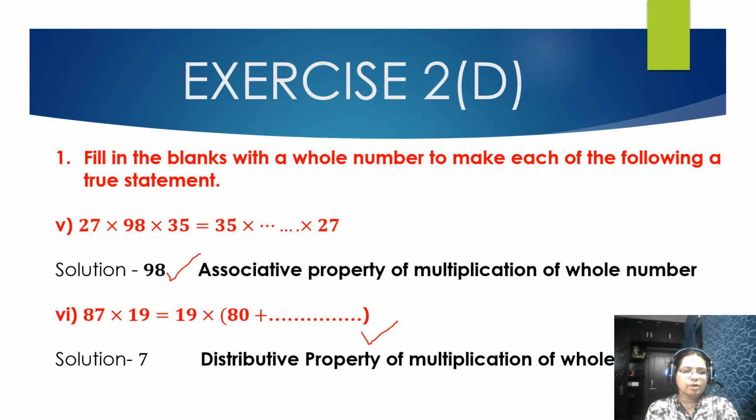So 19 multiplied by 87 equals 19 multiplied by 80 plus 19 multiplied by 7. We can write 87 as 80 plus 7, so in the blank we have to write down 7. 19 multiplied by 80 plus 7, and this is the distributive property of multiplication of whole numbers.